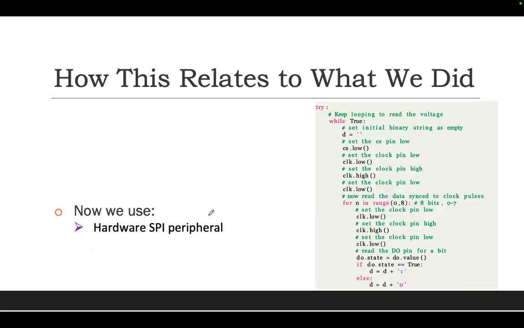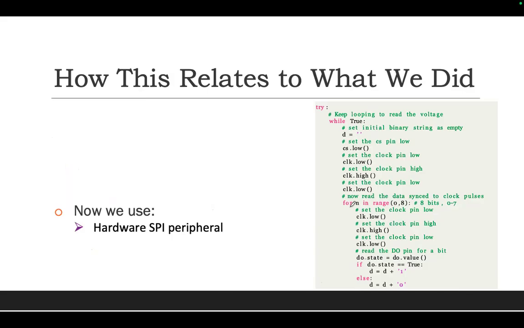Okay, and then how does this relate to what we did? Like I said, we have already used software, some code, to implement the SPI protocol, am I right?